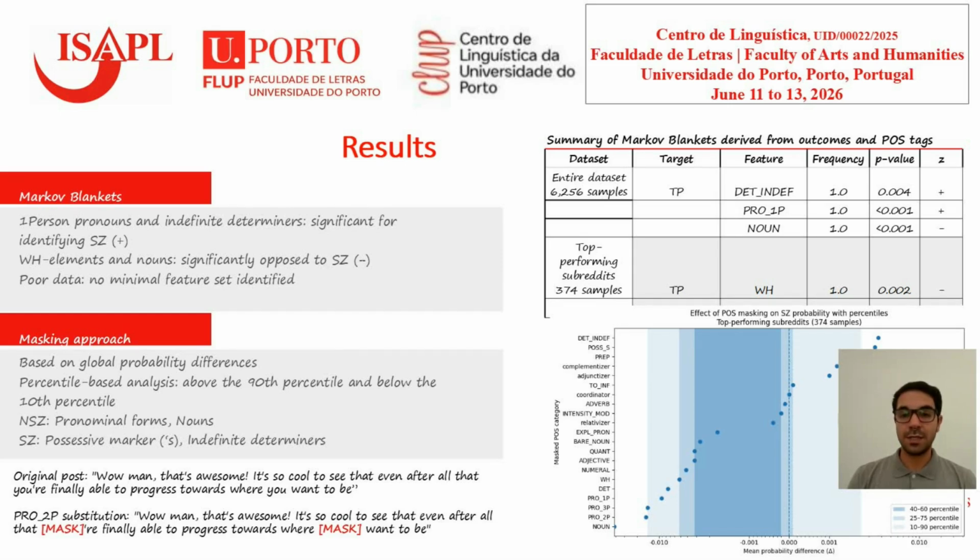What we tried to see is if the explicit presence of a specific lexicogrammatical category would perturb the BERT model's overall probabilities of samples being related to schizophrenia classifications. What we observed was that indefinite determiners and the possessive 's, such as in Lucy's car, were related to prediction of schizophrenia, and overall nouns and pronominal forms were related to classifications of control samples.